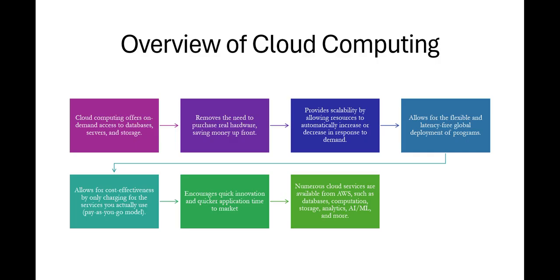It allows for cost effectiveness by only charging for the services you actually use, like a pay as you go model, and encourages quick innovations and quicker application time to market. Numerous cloud services are available from AWS, such as database, computation, storage, analytics, AI/ML, and more.